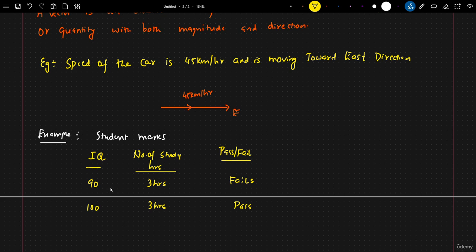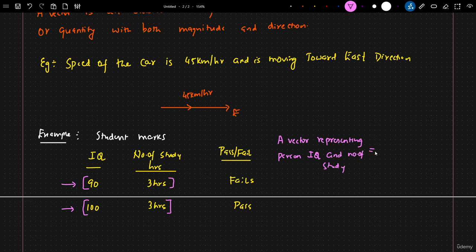Now let's consider every record over here, and let's just consider these two features: IQ and number of study hours. If I consider this as an example, I can say a vector representing a person's IQ and number of study hours.